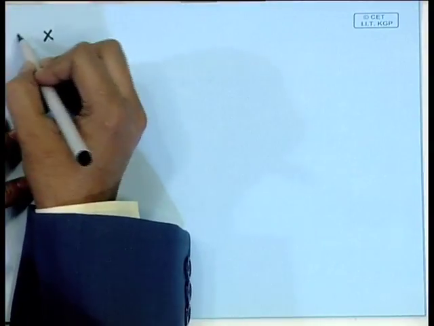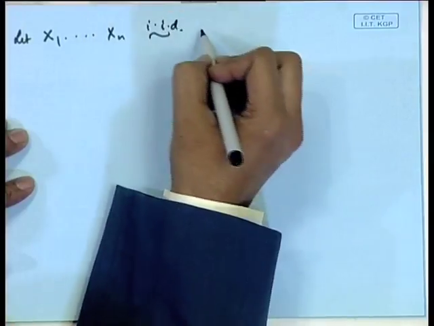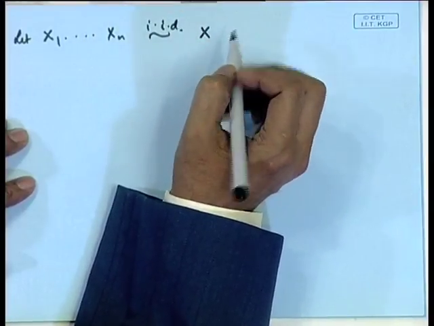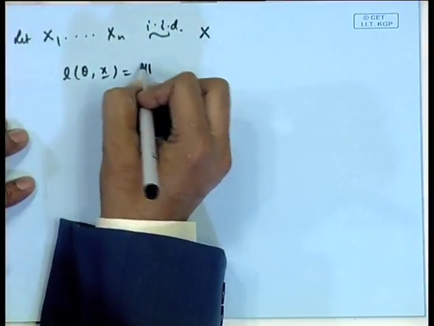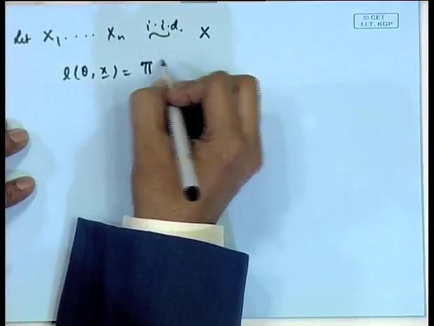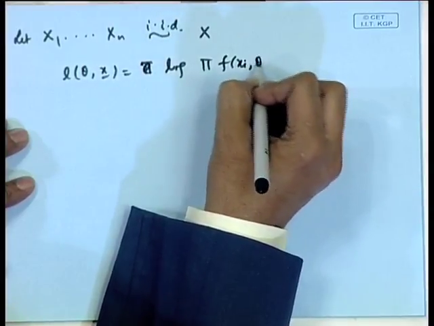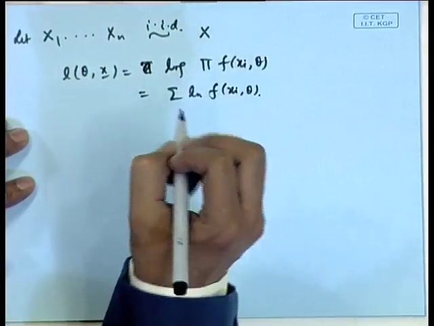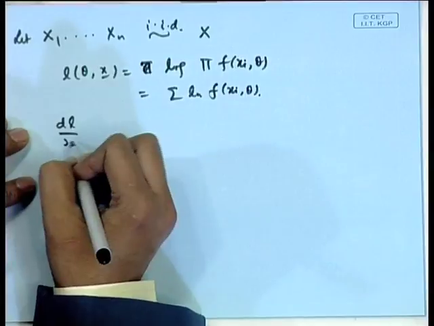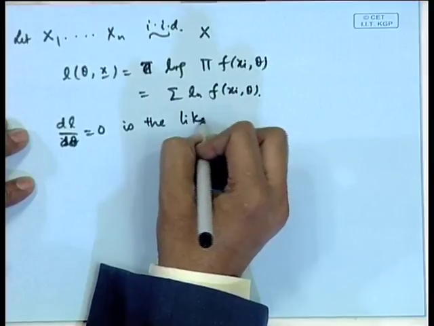So, under these assumptions on the distribution, now let us consider x 1, x 2, x n to be IID as x, and we define the likelihood as the log of the product f x i theta, that is actually the sum, then d L by d theta is equal to 0 is the likelihood equation.